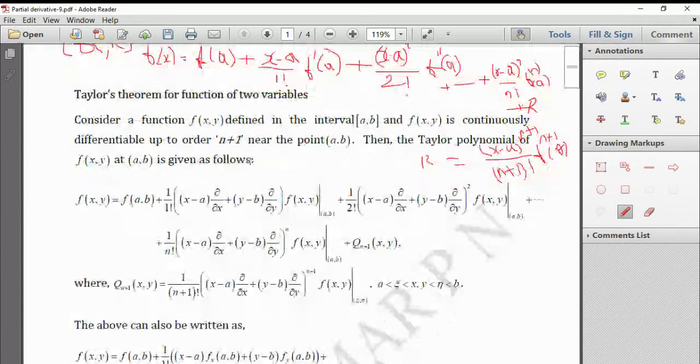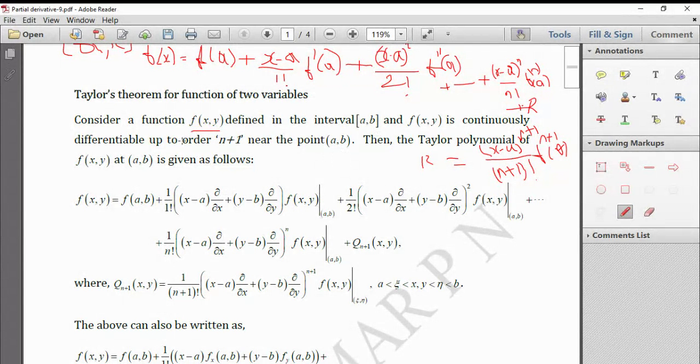Here, in the case of a function of two variables, instead of a function of one variable, we are considering two variables. Therefore, f of xy is a function defined on the closed interval a comma b, and f of xy is continuously differentiable up to the order n plus 1 near the point a comma b.